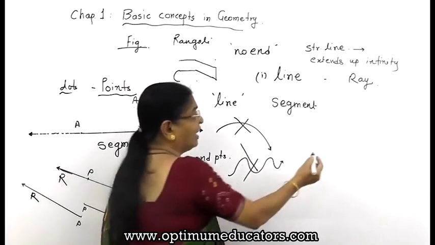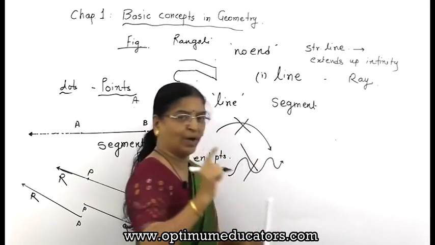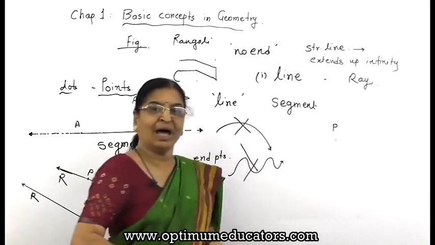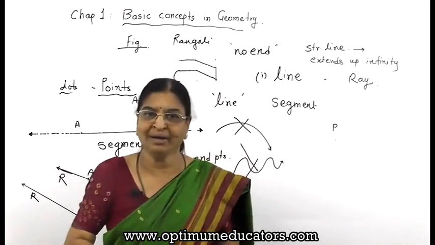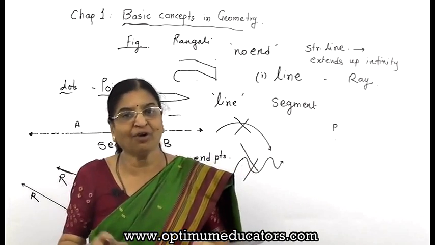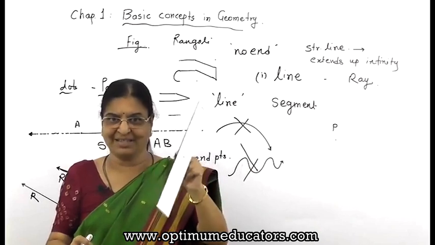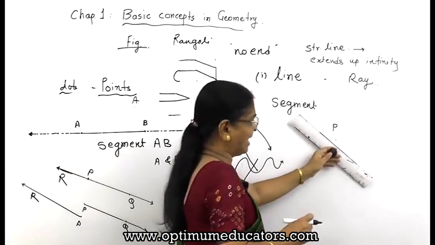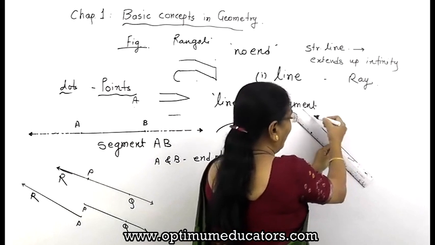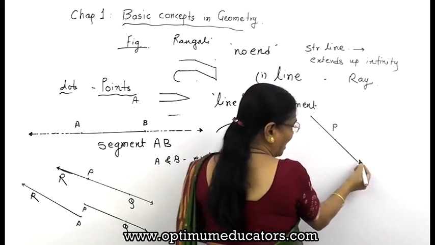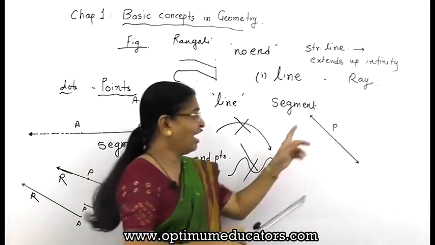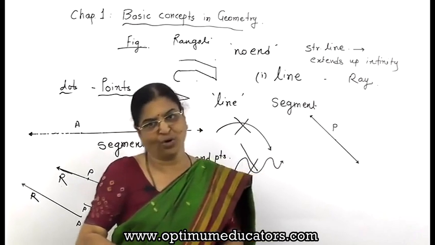If I have drawn one point and labeled it P, now I will ask one boy to come here and draw a line passing through P. For that, you will take a scale and put it so that P is on the edge of the scale, and draw a line passing through P. As this is a line, I will show arrowheads also.